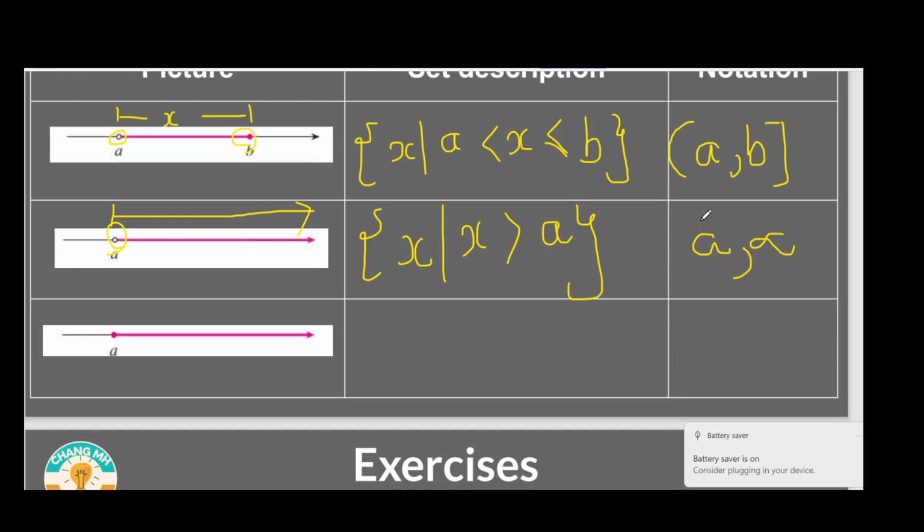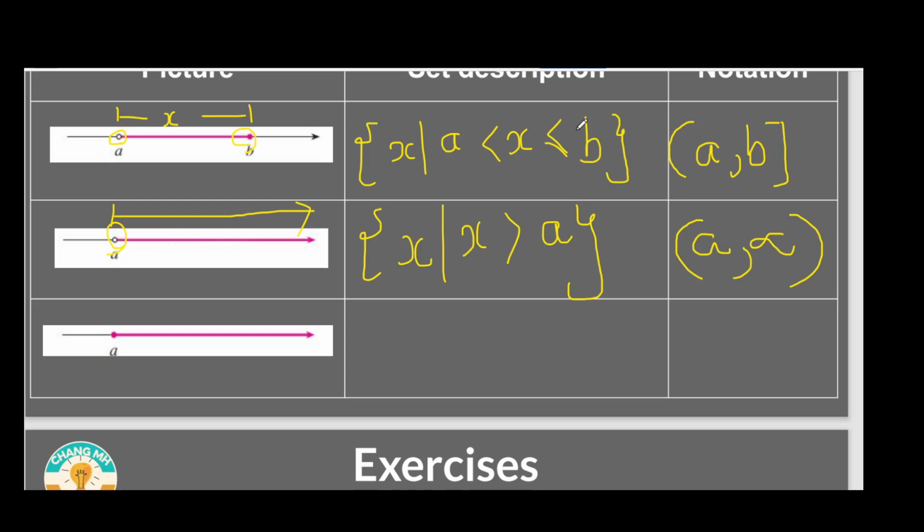A is not included, so we have to use this round bracket. As infinity is not an exact number, it's a notation which represents all the values greater than A, so you just put round brackets. So this is the notation for this set, for this arrow.